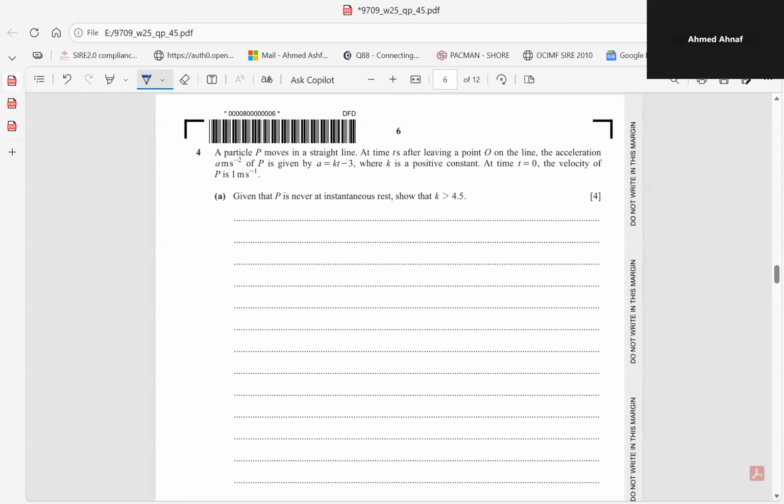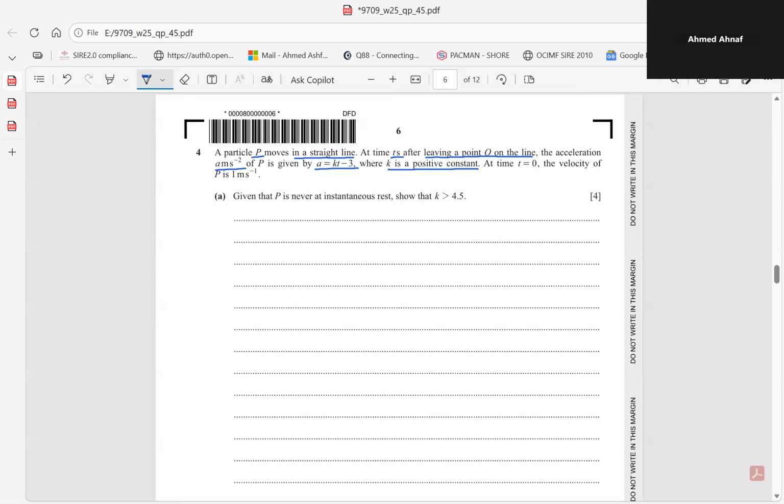Okay, so for this question, we're told that a particle P moves in a straight line at time t seconds after leaving a point O on the line. Acceleration a meters per second square of P is given by a equals to kt minus 3, where k is a positive constant.